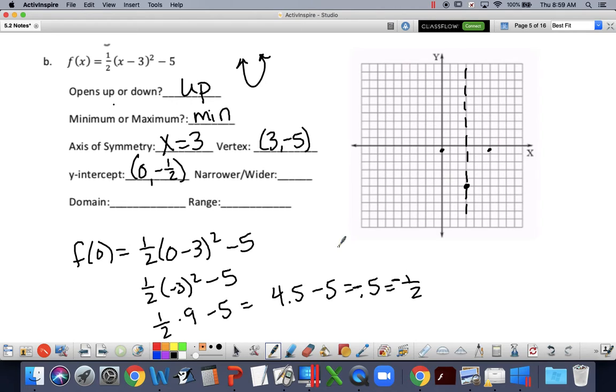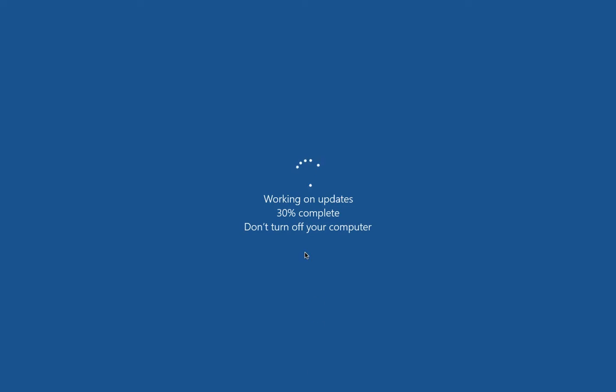But it really might be a case where we might want to plug this into a calculator to get a few more points. So let's go ahead and make sure we also know how to do this on our calculator. Sorry, my computer is running on some updates here.